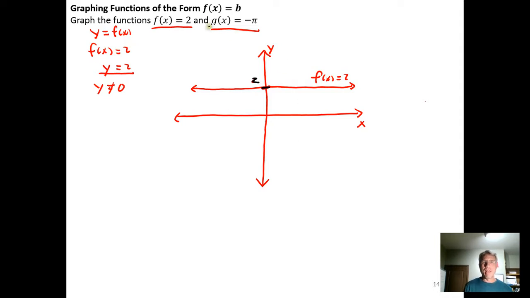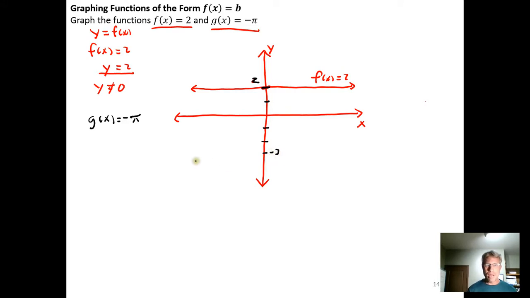So now I look at my other function. I have the function g of x equals negative pi, and we know that pi is about 3. So if pi is about 3, and I've established this as a height of 2, I know if I come down here to 2, that 3 would be here, and pi, because it's 3.14, is going to be a little bit past negative 3.